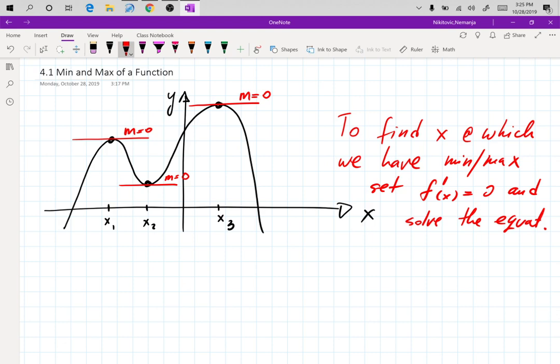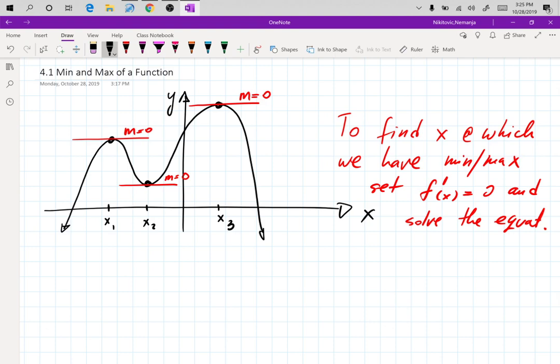Now, this is not the end of the story. Otherwise, if that was it, the next words would be, all right, 4.2. There's more than this. So let's go and define some terms first.